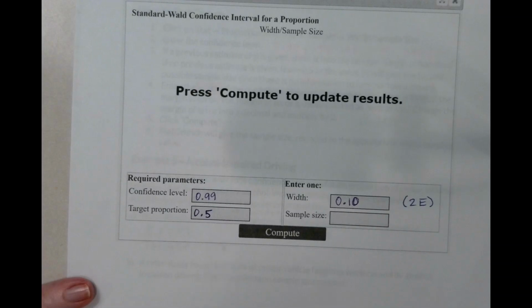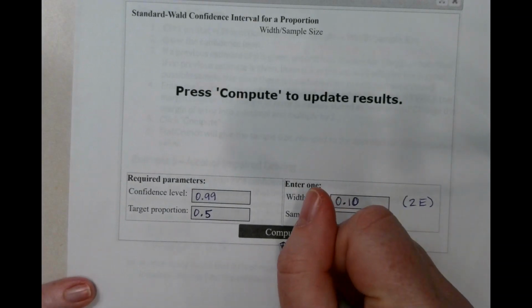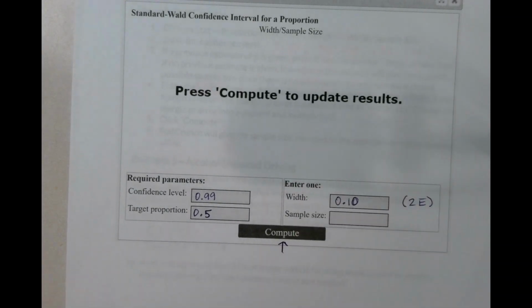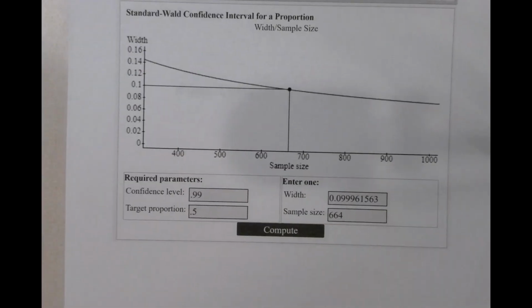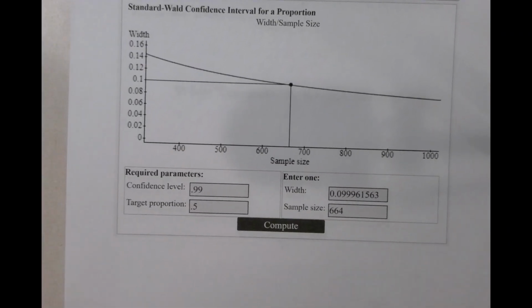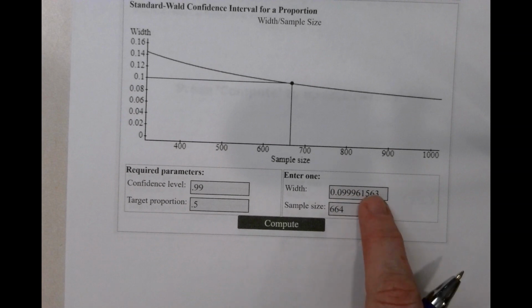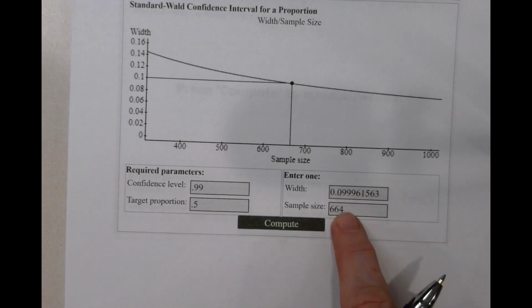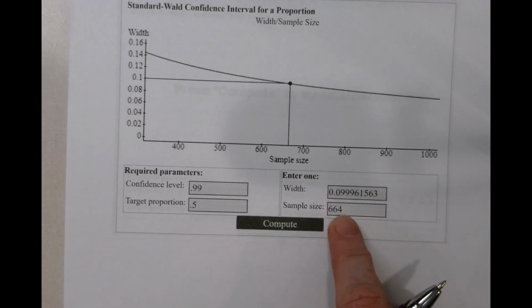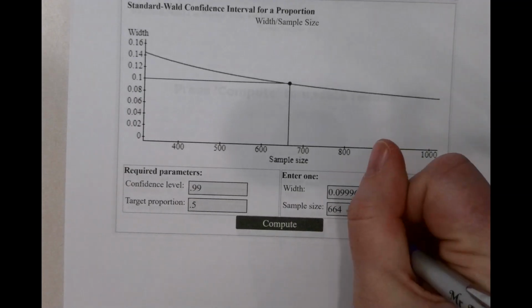Now, when I click compute, here's one interesting thing that happens. It's actually going to change the width slightly. But that's okay. You don't need to go back and redo this, because when you click compute, it's going to change it back so that your sample size is given here. But this is what we're looking for.